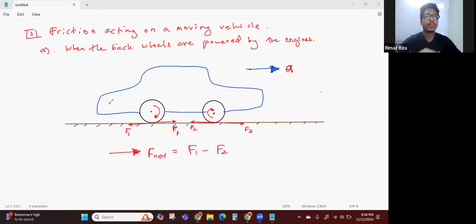So quickly draw this. Don't just copy it, try to understand.